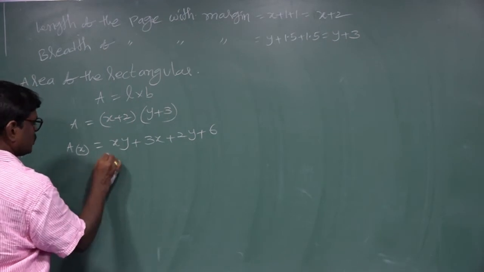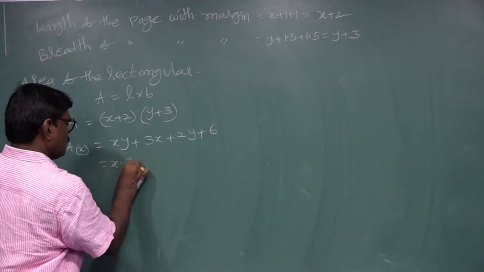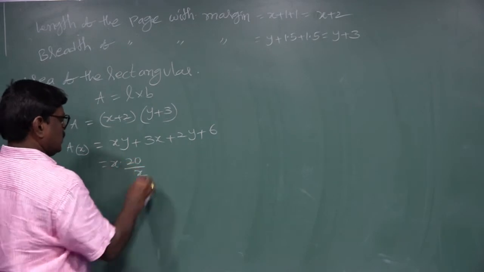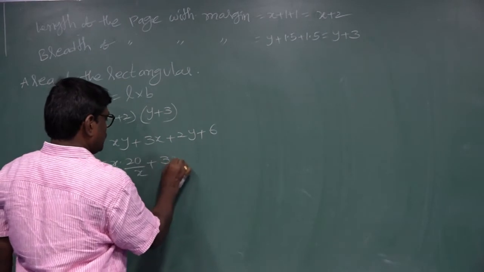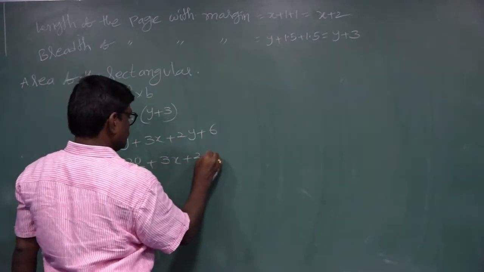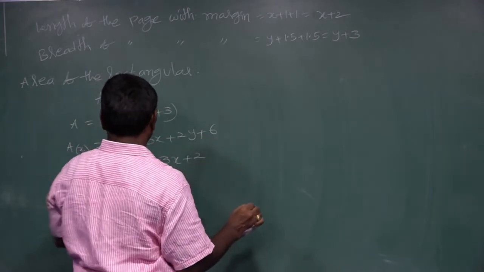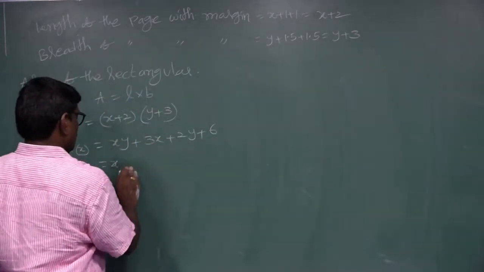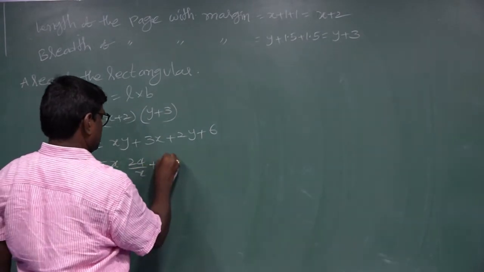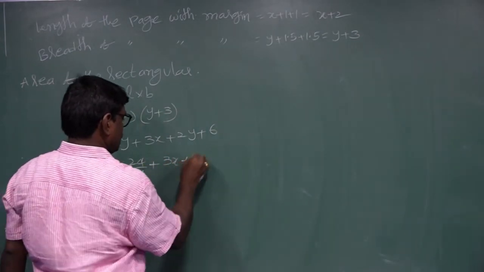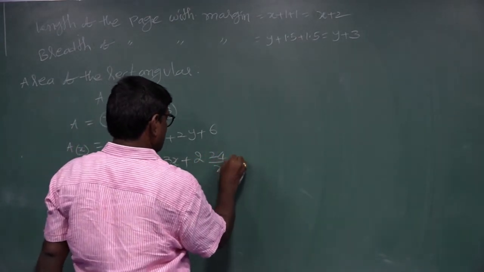A of x equal to x into y, where the value of y is 24 by x, plus 3x plus 2 into 24 by x plus 6.